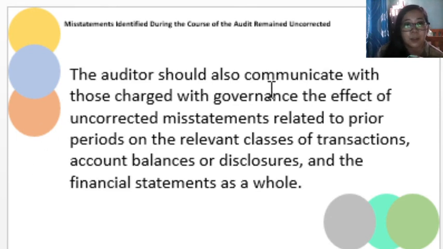And the auditor should also communicate with those charged with governance the effect of any uncorrected misstatements related to prior periods on the relevant classes of transactions, account balances, or disclosures and the financial statements as a whole, because again, this might have a material misstatement effect on the opening balances of the current period's financial statements, and he may modify his opinion if that will not be corrected by the management.